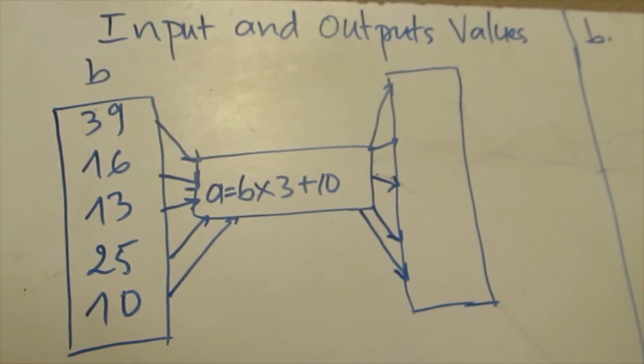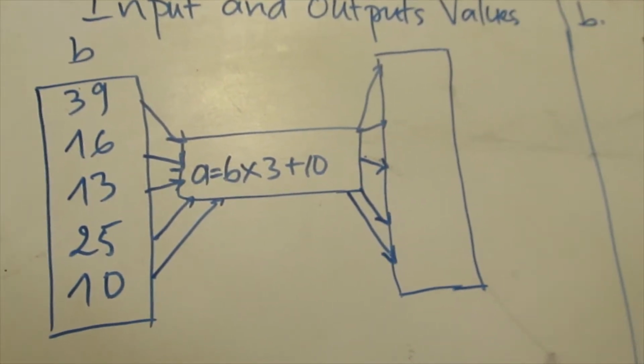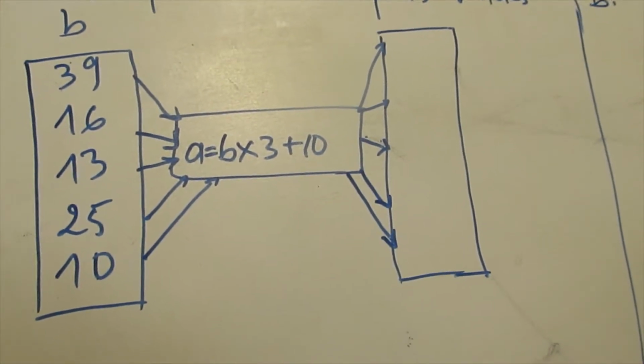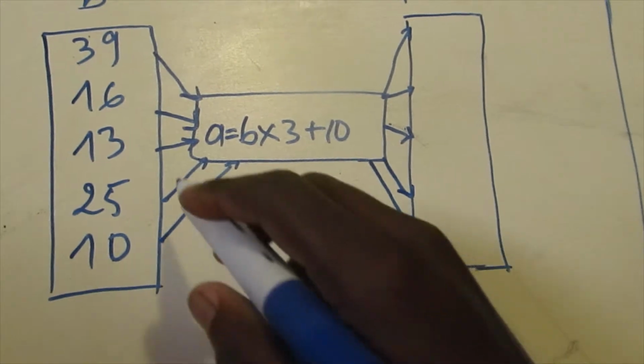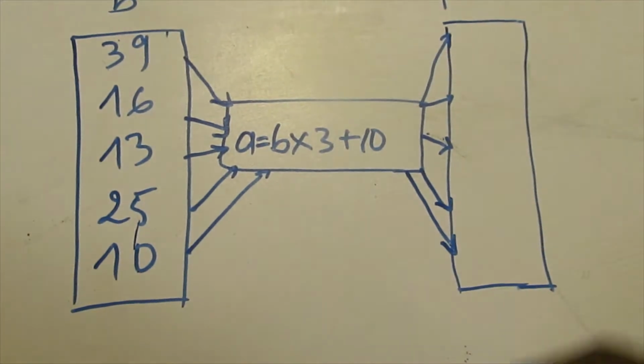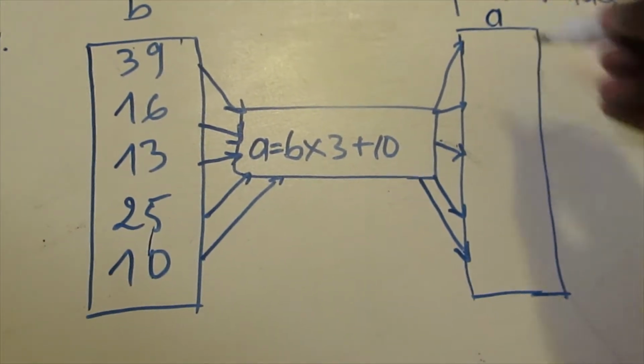So I'm just sharing this video on input and output values, and how to calculate the input and output value. As you can see in this example here, we have our output and input, that is B. All the numbers in this column are input, and this column here is our output.